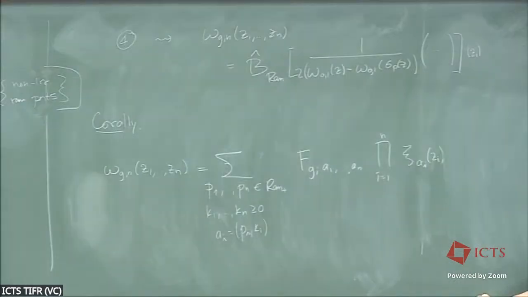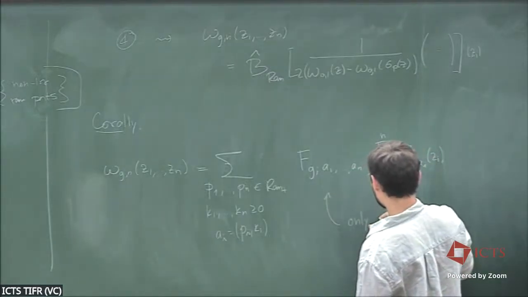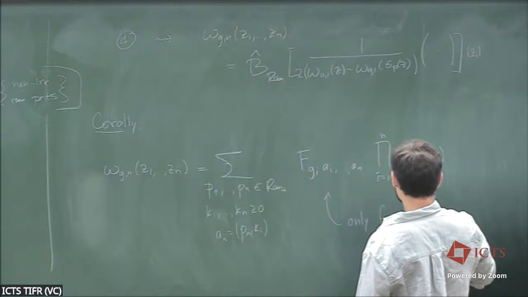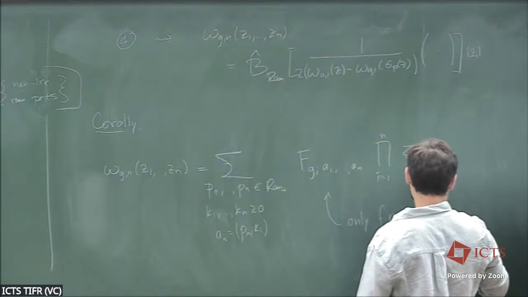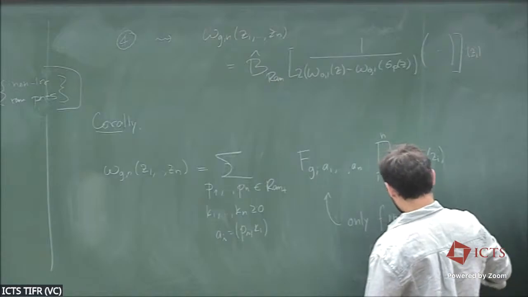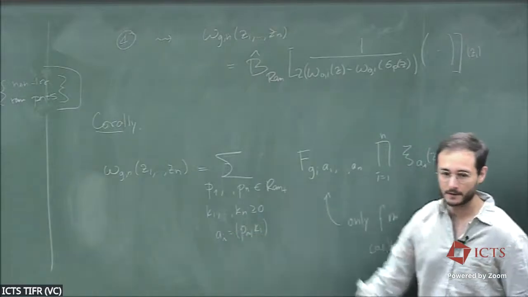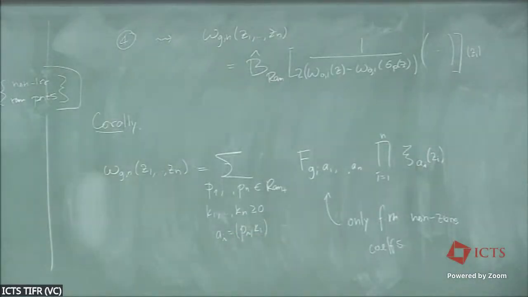What is nice about this formula is that you have only finitely many non-zero coefficients. As before, the sum over the Ki's truncates.